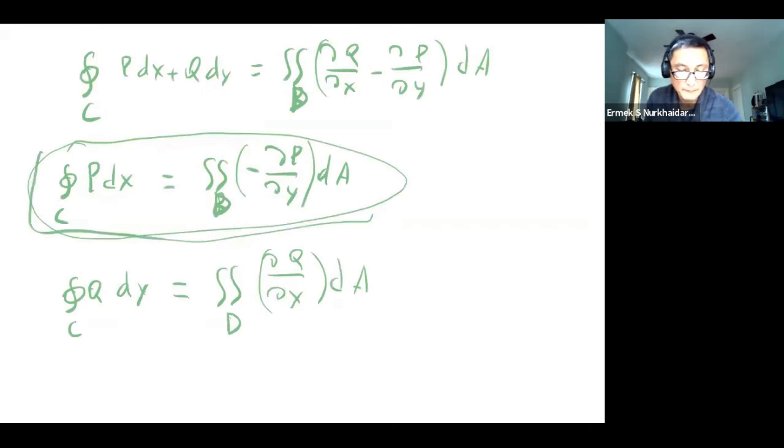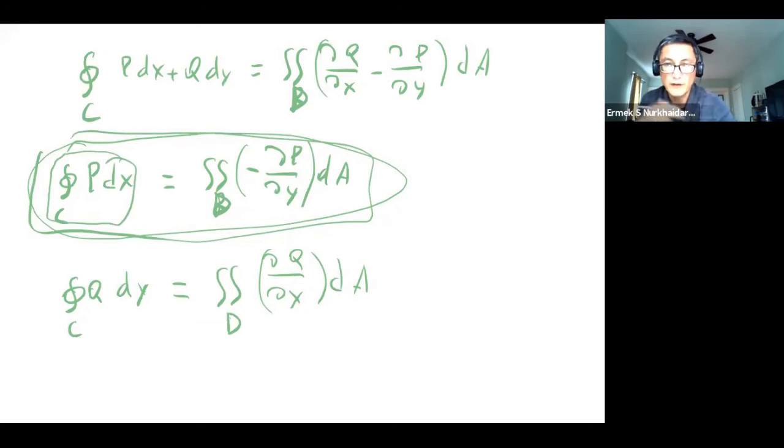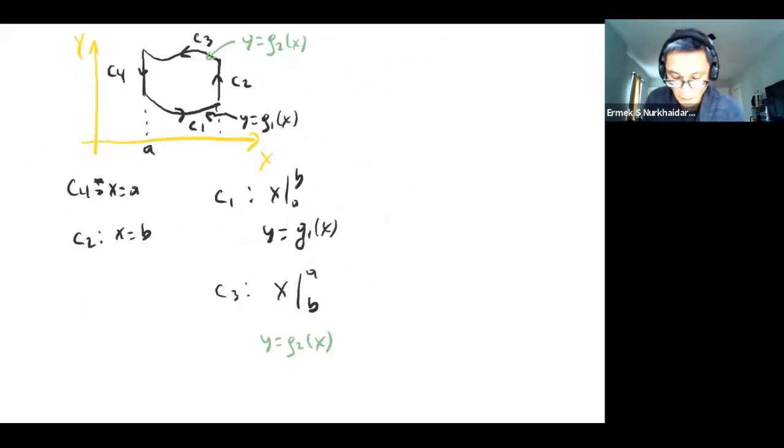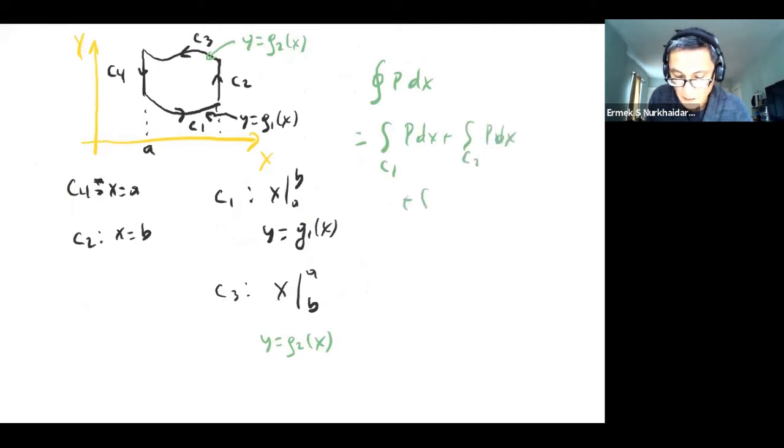So we calculated integral P dx over that path. Let me concentrate on calculating the integral P dx. It's going to be the integral over C1 of P dx plus the integral over C2 of P dx plus the integral over C3 of P dx plus the integral over C4 of P dx.